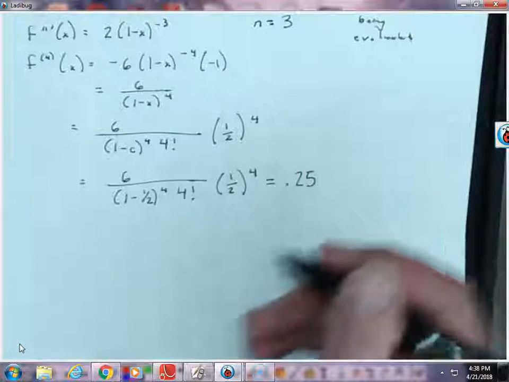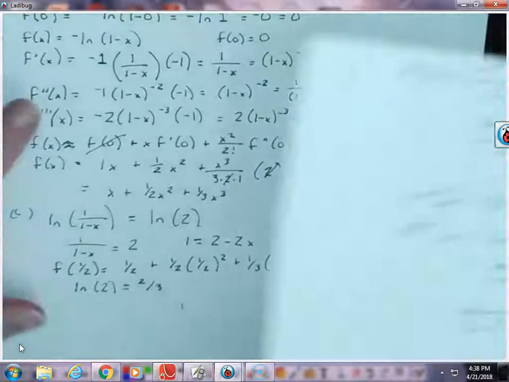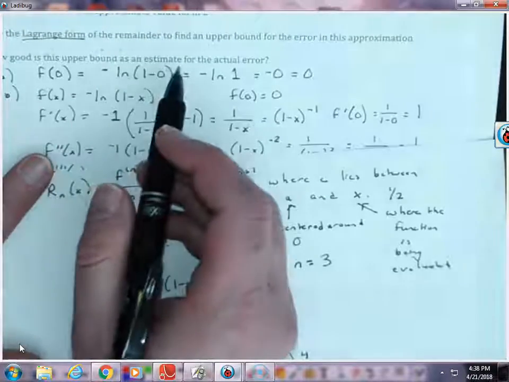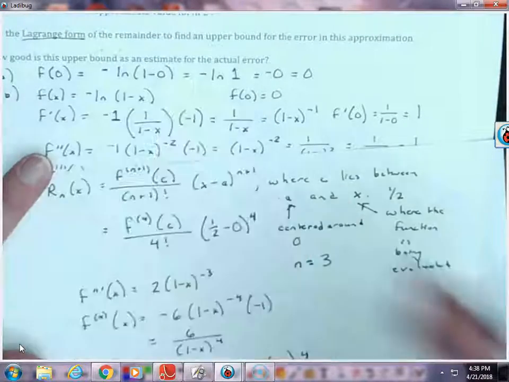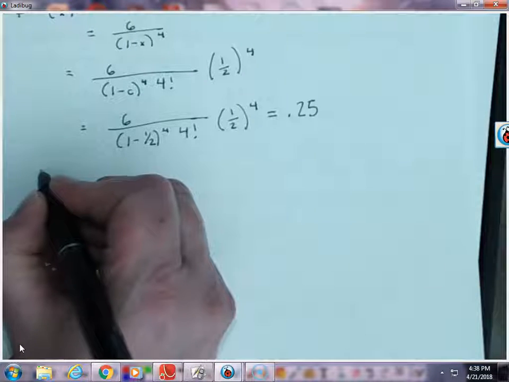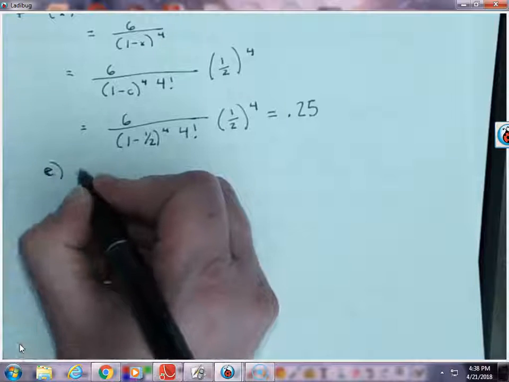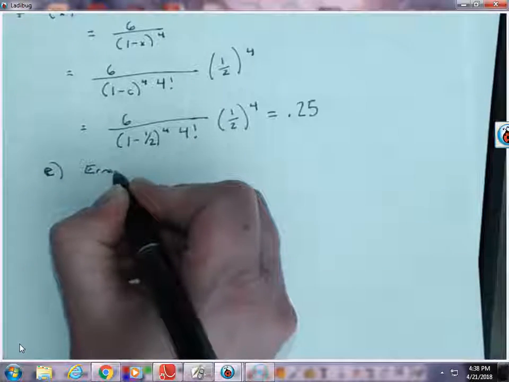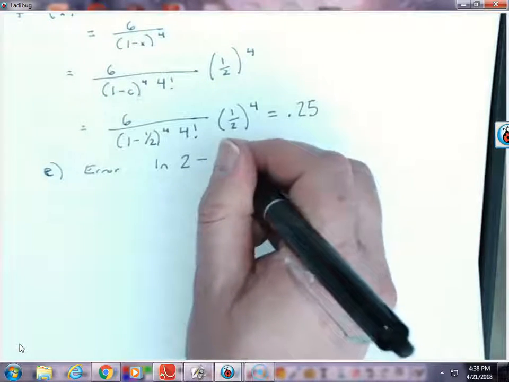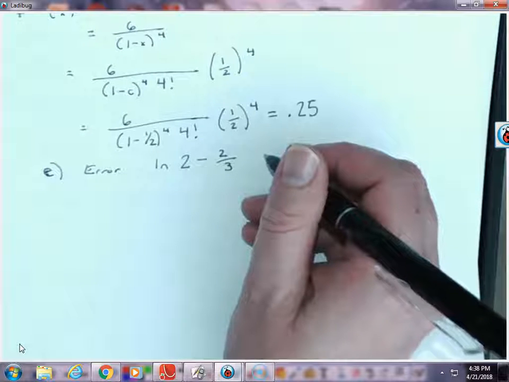So what we have here is an upper bound on the error. Okay. And the last thing it said is, how good is this upper bound as an estimate for the actual error? Well, to figure out, let's just find the true error of this problem. So the error is just the ln of 2 minus the approximation that we found, which was 2/3. Now you're just going to type this in on your calculator.